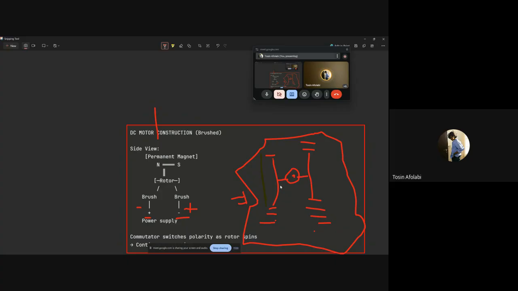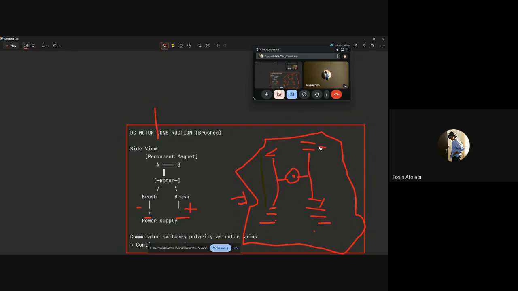Now, the H bridge contains 4 switches. What we now do is we map different switches to different things. So if we turn on switch 1 and switch 4, we set the polarity, and the motor moves clockwise, that's forward.